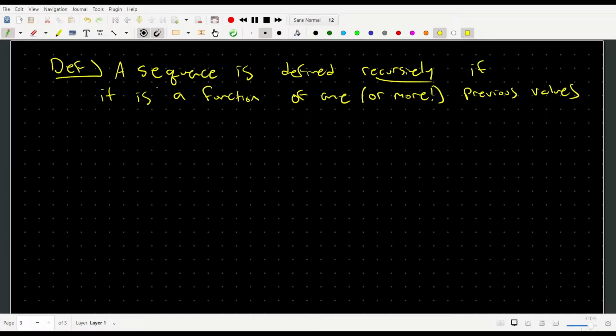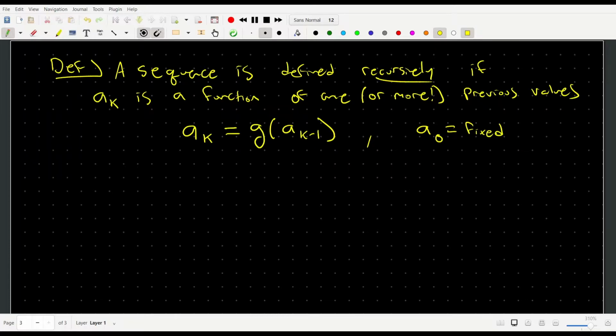And specifically, I'll say the kth term, so Ak is a function of one or more previous values. Specifically, we say that Ak is equal to some function g of Ak minus 1, where the starting point of the sequence is some fixed value.